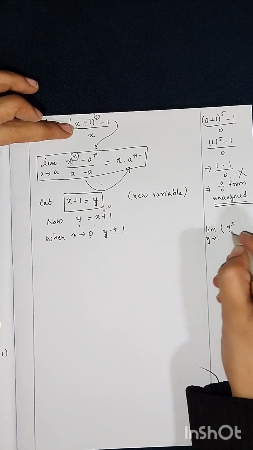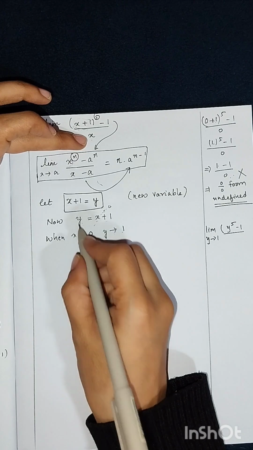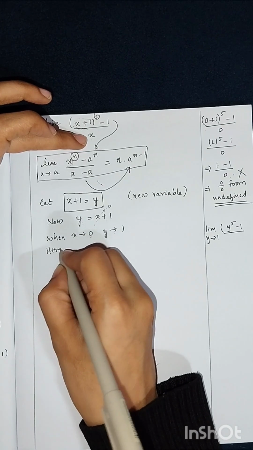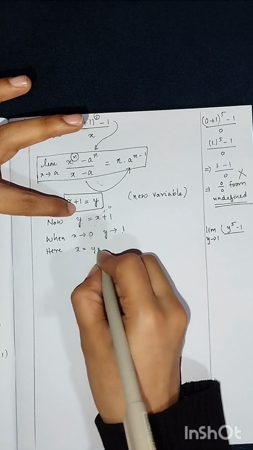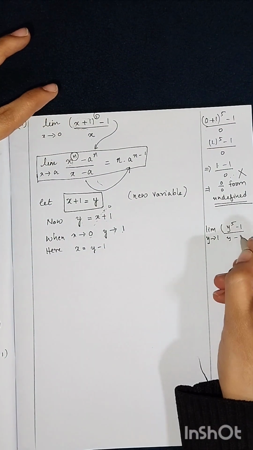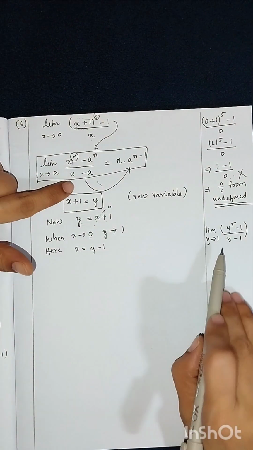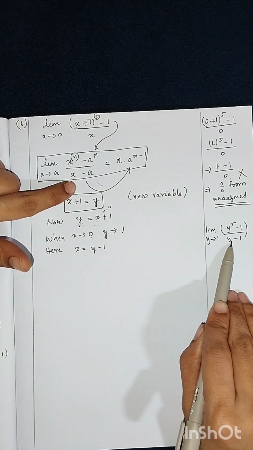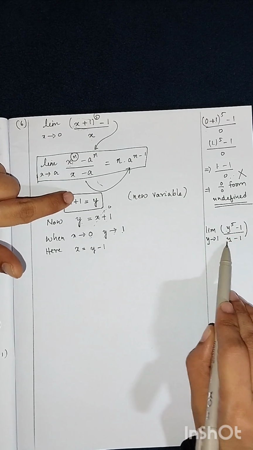Now in the denominator, how are we going to change x? Here x will be equal to, if you just shift this, y minus 1. Now we also changed the denominator to y minus 1. Now if you observe, this is the same form as x power n minus a power n divided by x minus a.